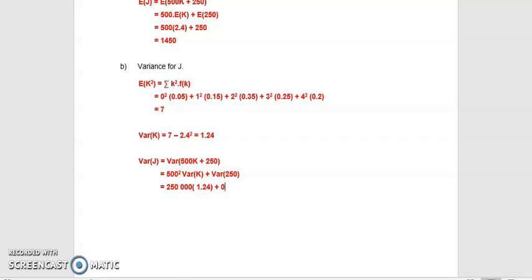Refer to the rules of variance from just now. So this variance will be equal to 310,000.